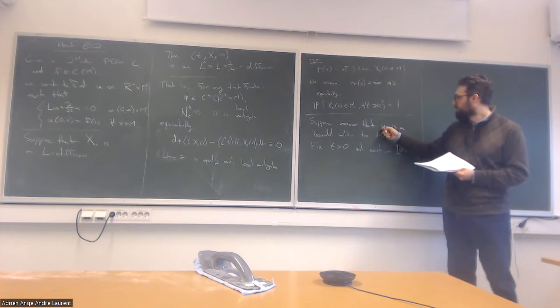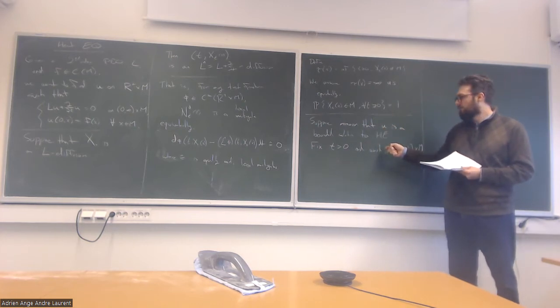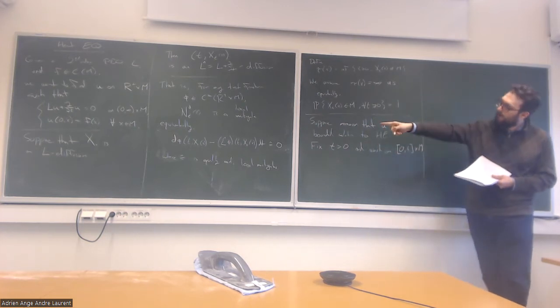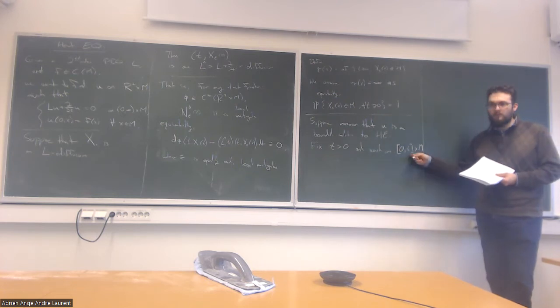Since U is a solution of the heat equation on R plus cross m, of course it's also a solution on 0 t cross m.